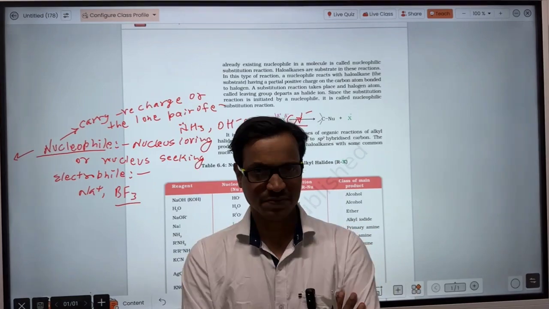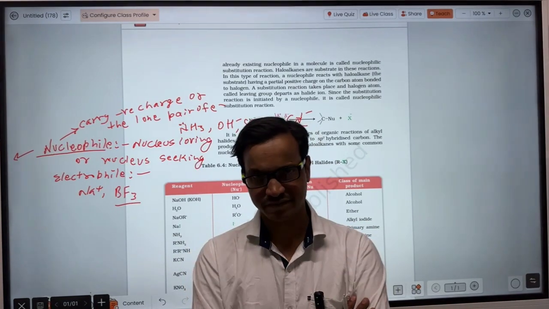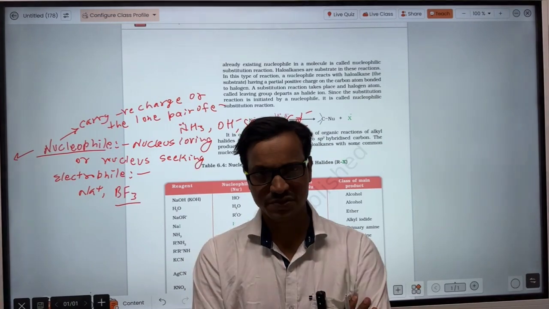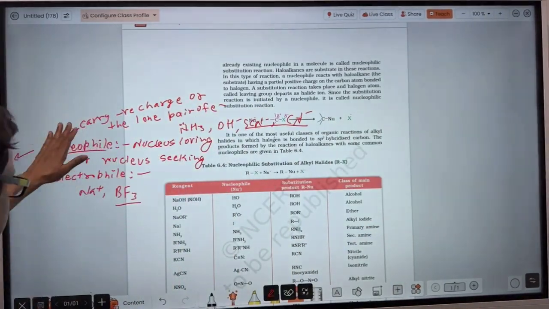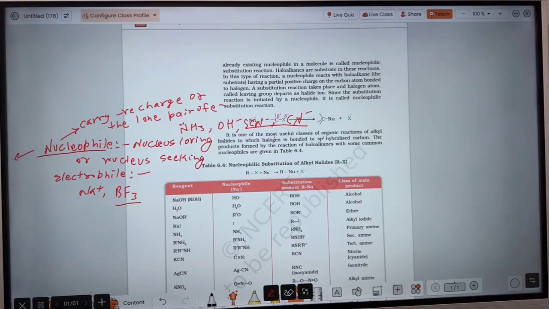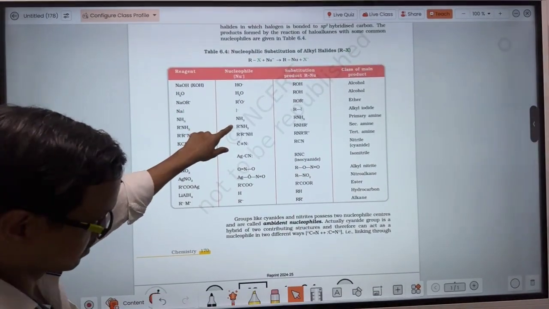A nucleophilic substitution reaction means the nucleophile will substitute the halogen. So now there will be nucleophilic substitution reaction.